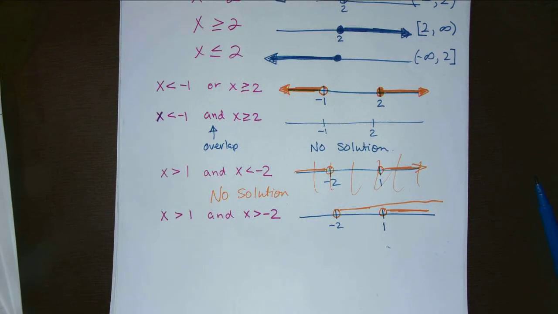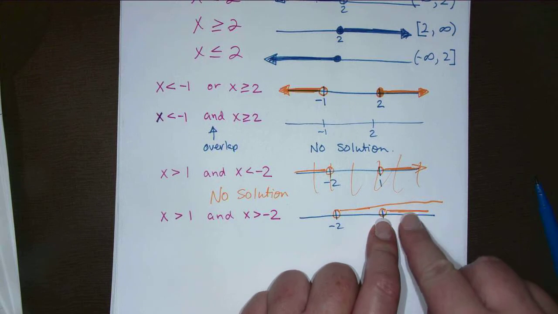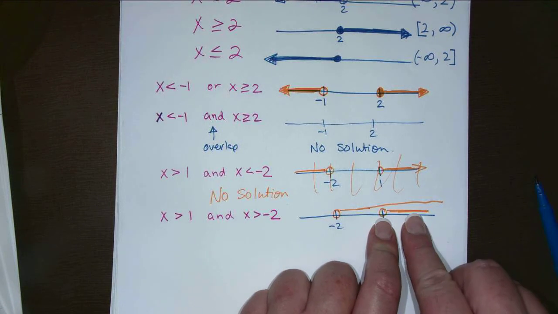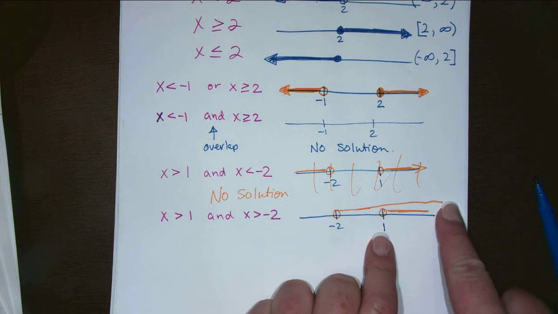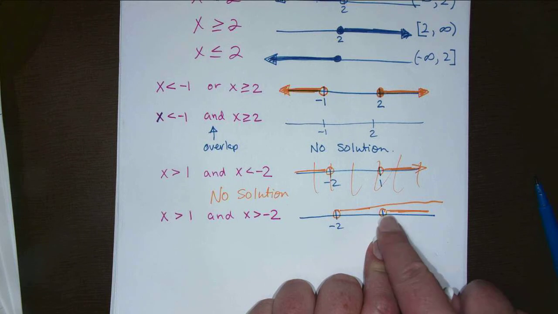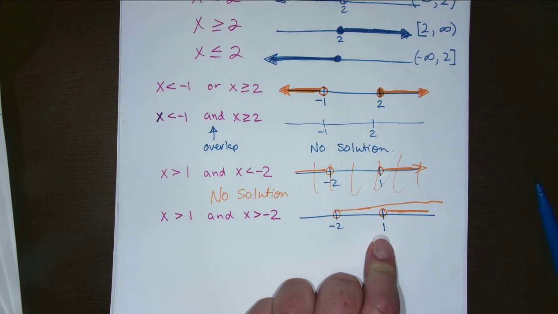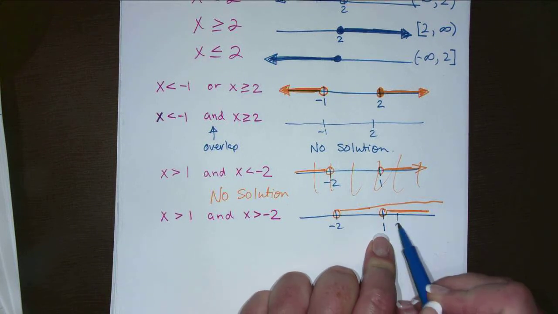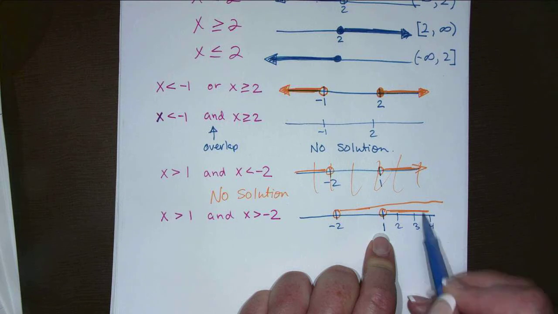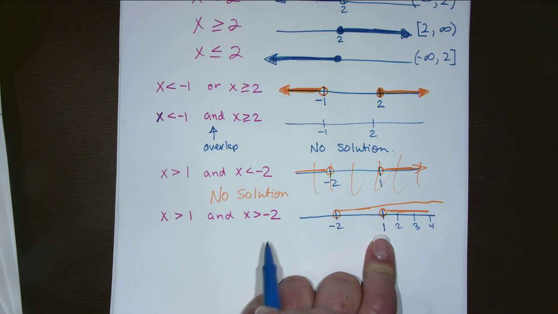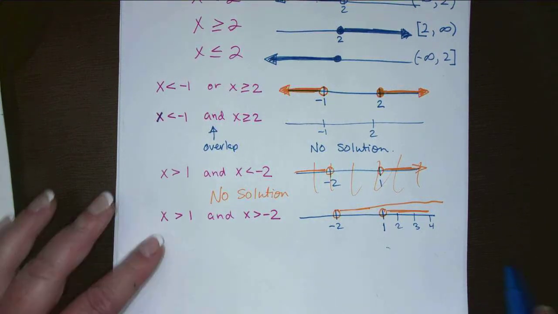Is there a place where you can be in both of these at the same time? Yes. Where is it? Do you see there's both? When you draw greater than negative 2 and bigger than 1, these numbers in here, like 2, 3, 4, all of these numbers work in both of these at the same time. That's the overlap.